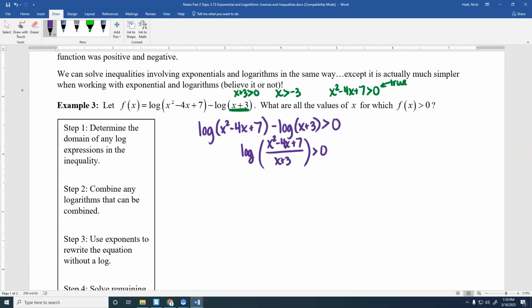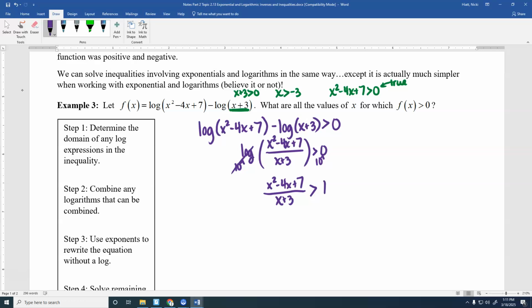What would I need to do next? 10 to the power, because this log does not have a base, which means that the base is 10. So I've got x squared minus 4x plus 7 over x plus 3 is greater than, what is 10 to the 0? 1.